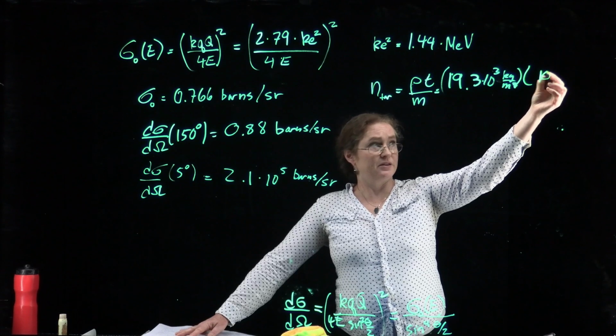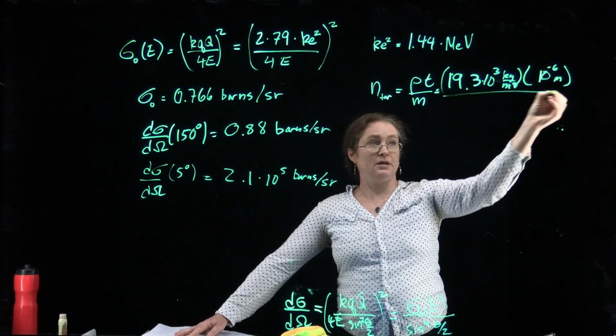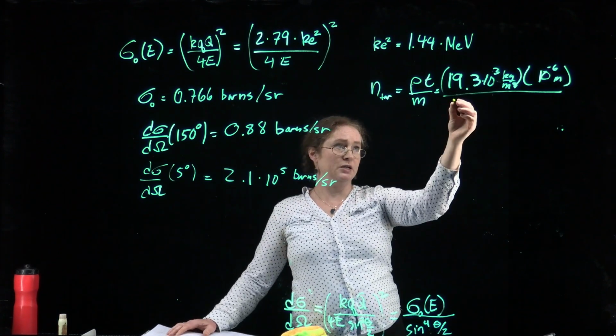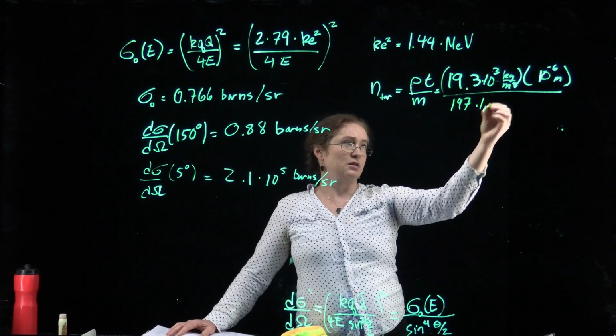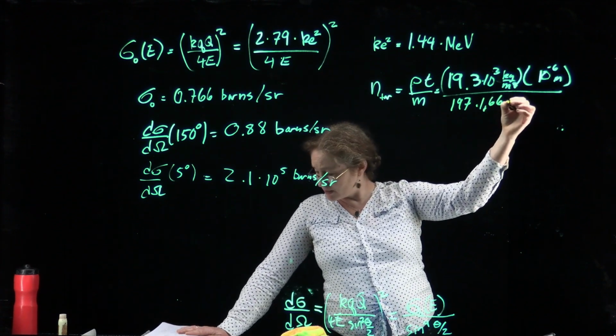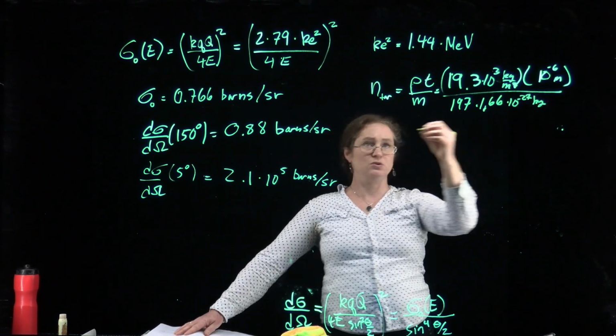And then here the thickness was about a micrometer. And the mass of one gold atom is 197 atomic mass units times 1.66 times 10 to the negative 27 kilograms per atomic mass unit.